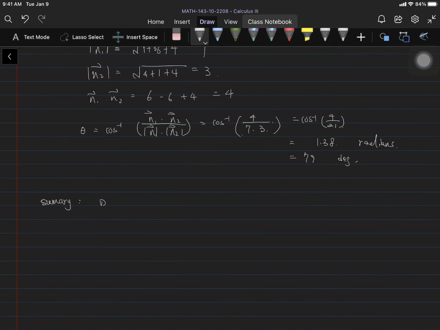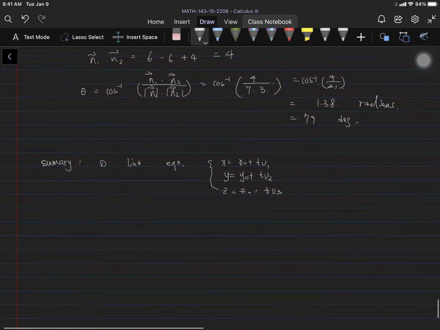So the most important part in this section, the first thing we need to know is the line equation, which is x equals x naught plus t v1. We need to know how to find a line equation for a given point and direction. And the plane equation, which is capital A. In calculus 4, you are going to use them a lot.